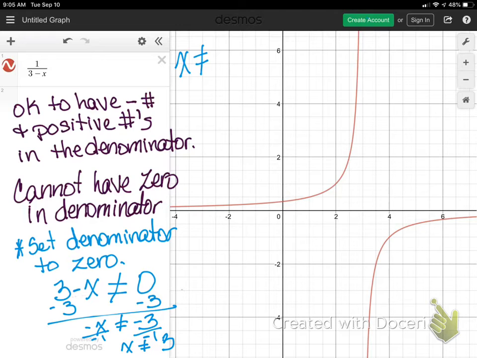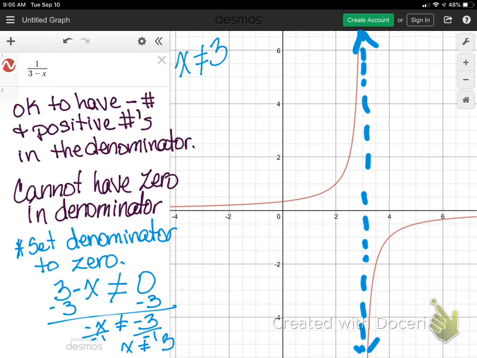Now, I want us to look at this graph. Look right here. Does anybody know what that's called? It is x equals 3. Does anybody know what it's called, though? It's an asymptote. And my graph never crosses that asymptote.